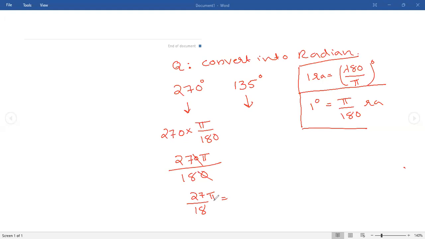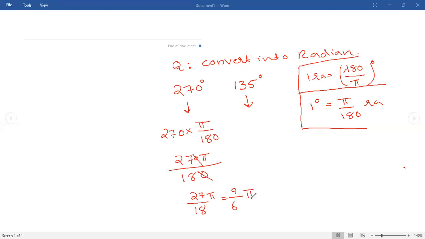Is there any number which divides both 27 and 18? 3 will go into 27, 9 times, right? In 18, 3 will go 6 times, right?